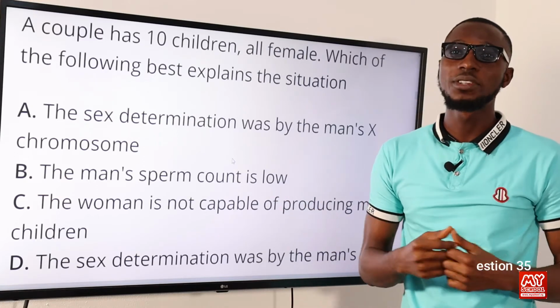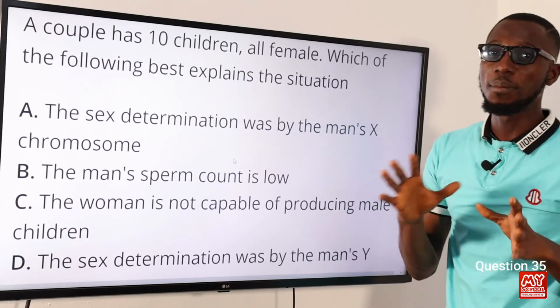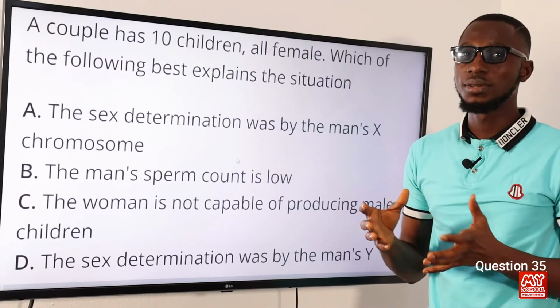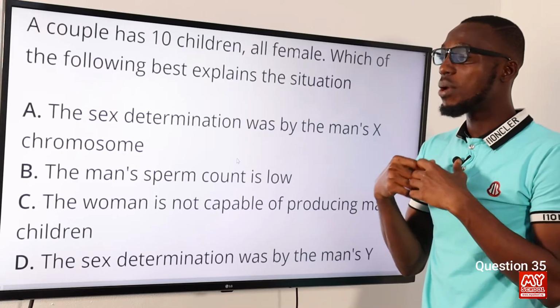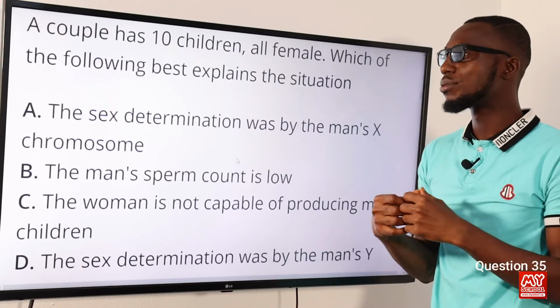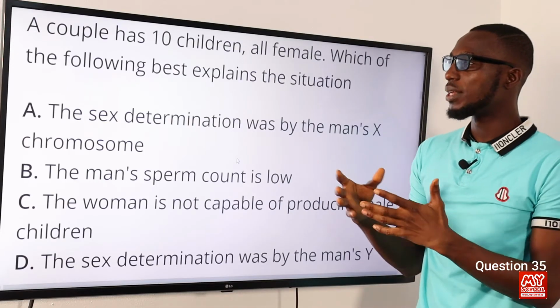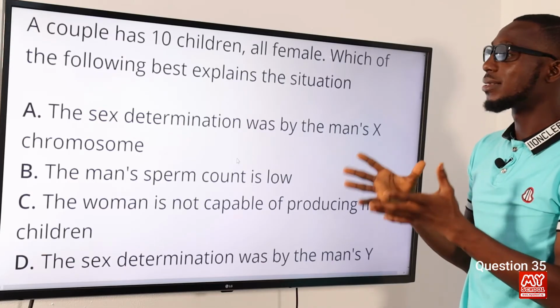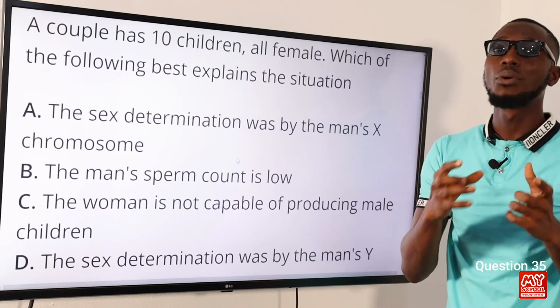So join me as we solve question 35. A couple has 10 children, all female. Which of the following best explains this situation? So this question or this concept generally should be well communicated and often taught to everyone. Let's see this. We have option A. We want to explain the situation. The sex determination was by the man's X chromosome. Generally, when we talk about males, we're talking about the X and the Y chromosome present.